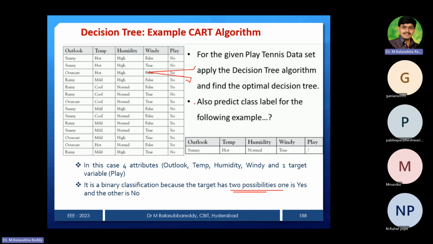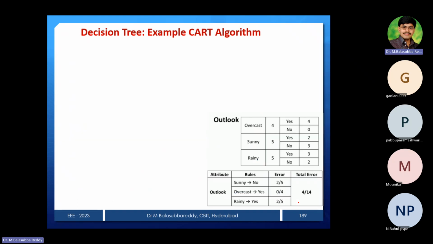In the output attribute, we have only two possibilities: one is yes, another is no. So now what we have to do is calculate the root node first. For that, you can see I have taken the Outlook attribute.